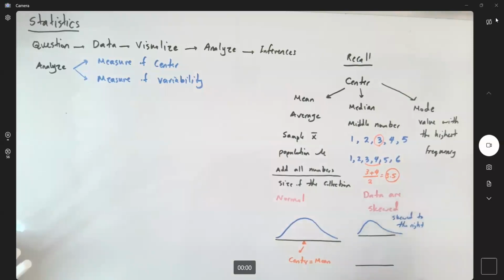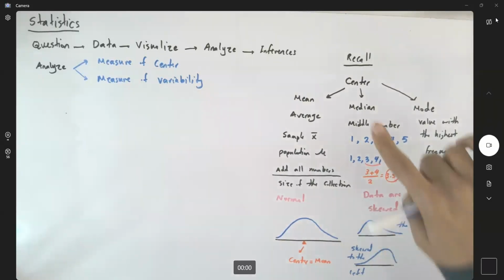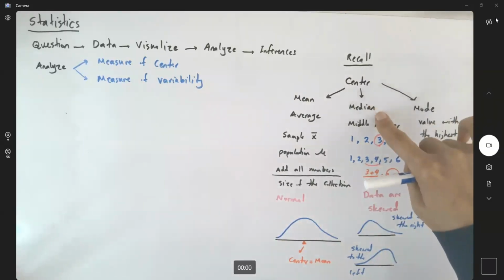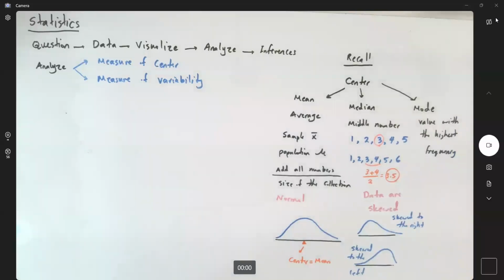If the tail of the data is on the left-hand side, then you say that, hey, the data is skewed to the left. Let me just move this a little bit so we can see a better tail. In these two scenarios, the center is represented by the median.